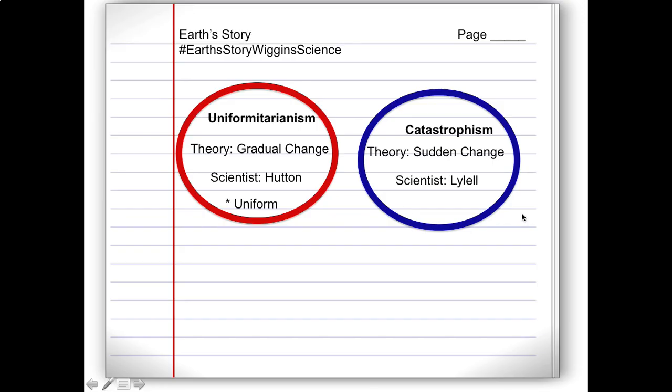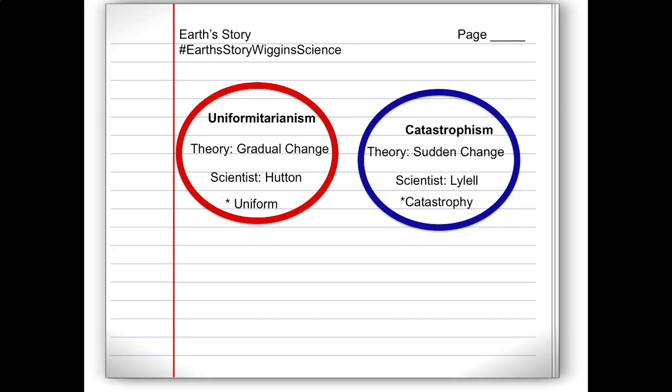And the word that will help you remember this theory is catastrophe. Catastrophes are boom, bang. Something happens suddenly, like your earthquakes and your volcanoes and your tsunamis. It happens suddenly. It's something that's just not expected. It just happens. So over time, these two theories kind of clashed.